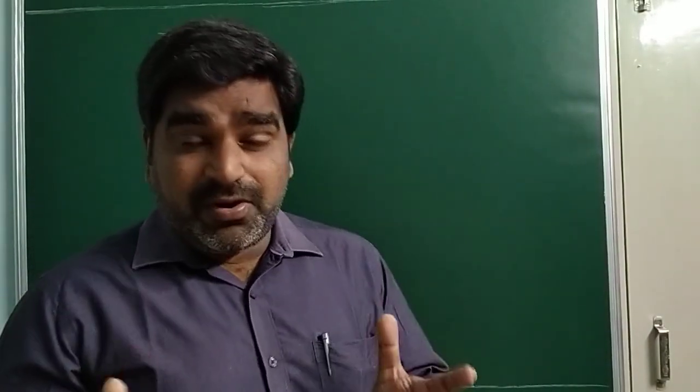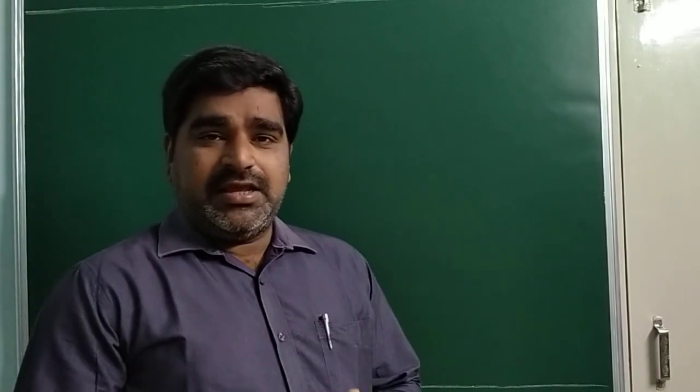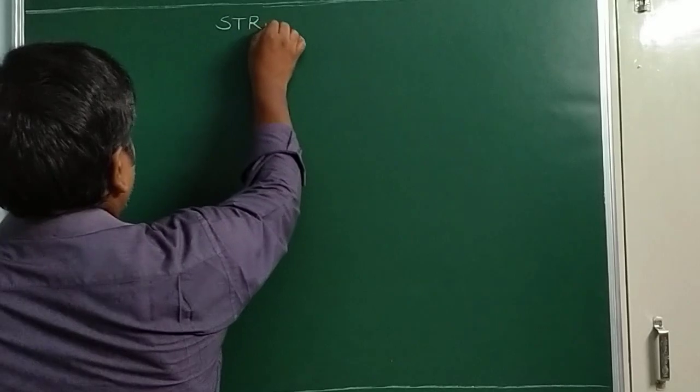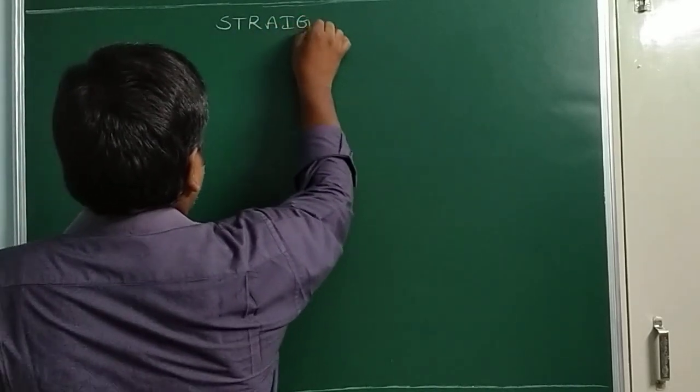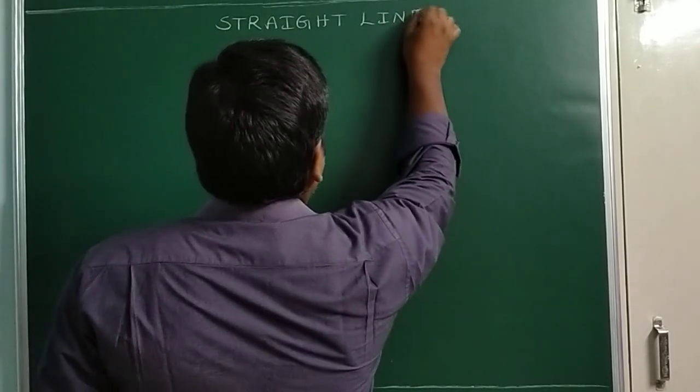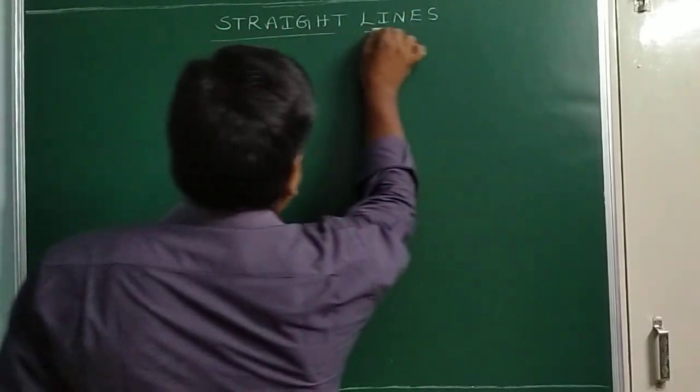From today onwards, I am going to deal with the topics of JEE and advanced. In that, the very important topic in geometry is straight lines, so we are going to discuss straight lines first. I don't want to waste your time unnecessarily.